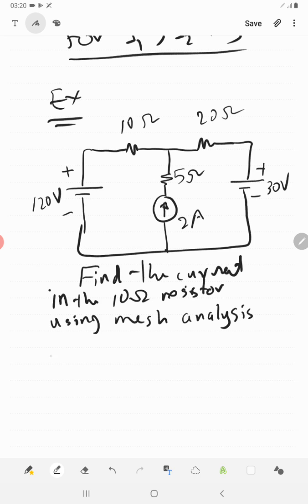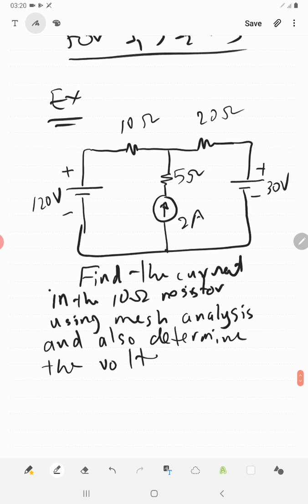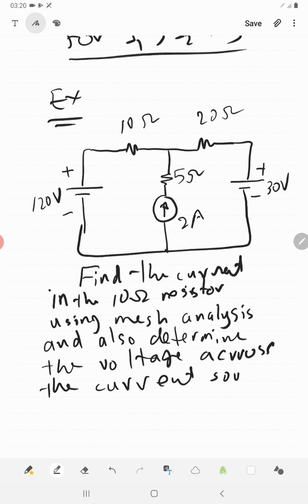And also determine the voltage across the current source.